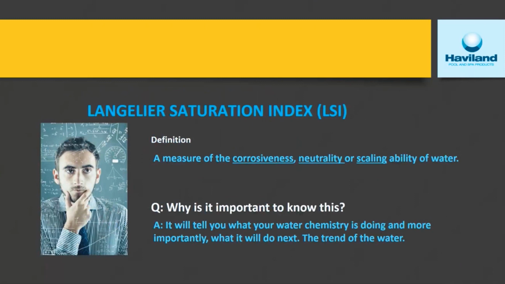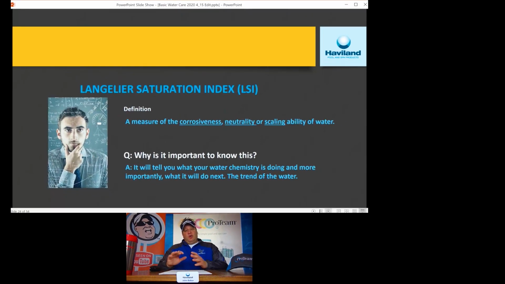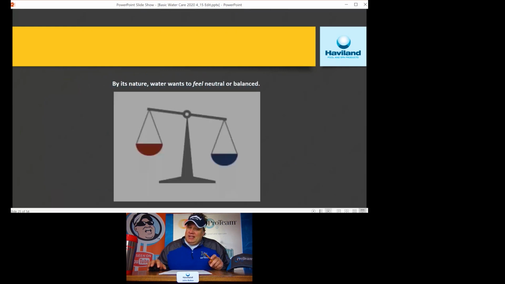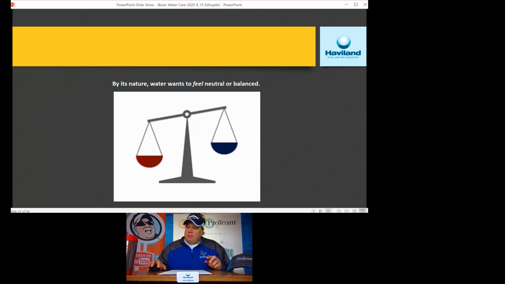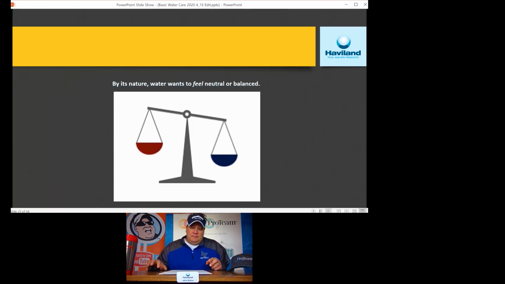And what would happen is they would scale up, obviously. And so he came up with this, again, another math problem, to determine if the water was scale forming or corrosive, so we're trying to keep it in balance. And again, I always say it, Mother Nature always wins, okay? And it's important to understand, because we're going to use this math problem to make sure that we win the game, not her.